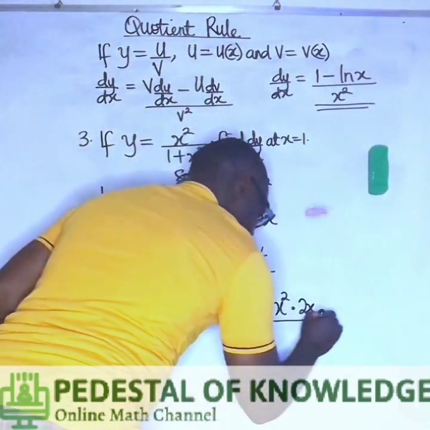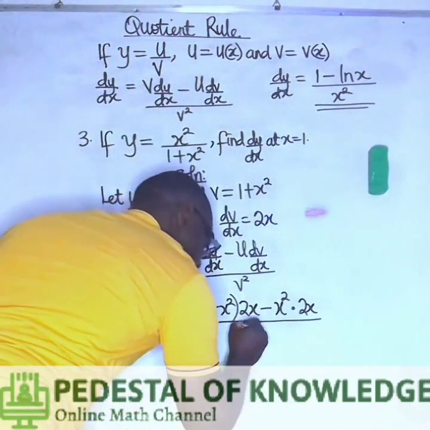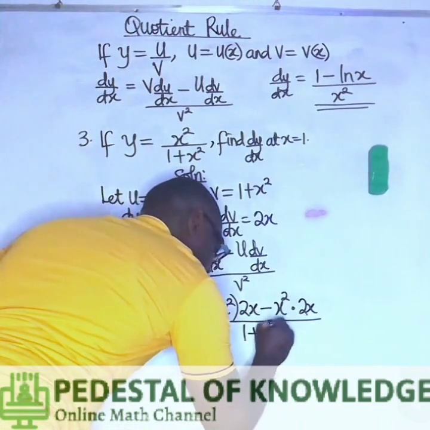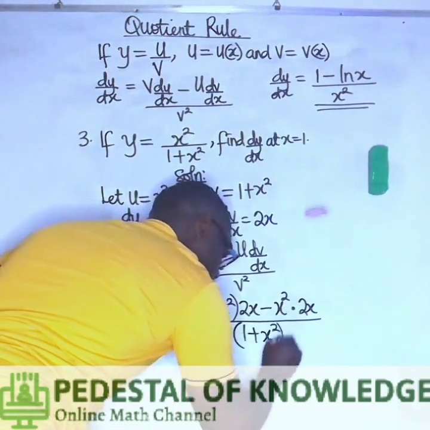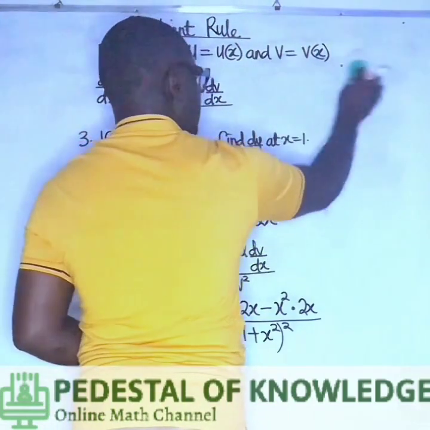Then divided by v squared, and v here is 1 plus x squared all squared.